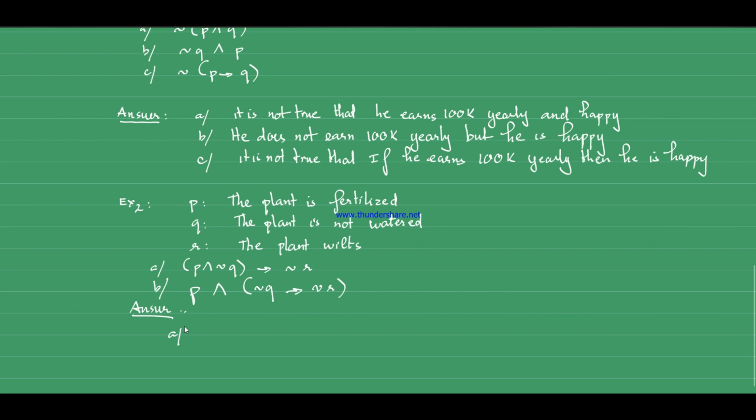So you can put it like this: the plant is fertilized and water, because it's the negation of not water, so it would be water. If the plant is fertilized and water, then the plant does not wilt. Okay, you can write it like that.